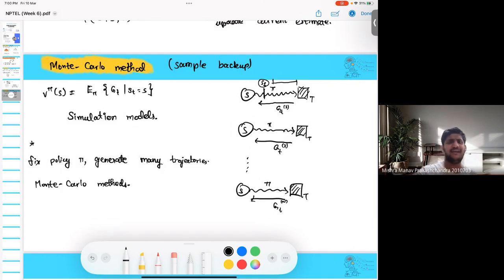But there is a small catch in this method. If I follow policy pi from state S, there will be multiple times that I'll encounter state S1. In comparison, if I start from state S1, I might follow some different policy. So it need not be that the policy I'm following from state S is the same as the policy I'm following from state S1.